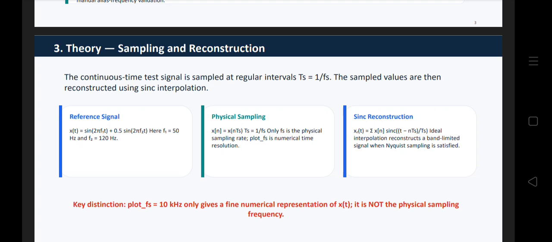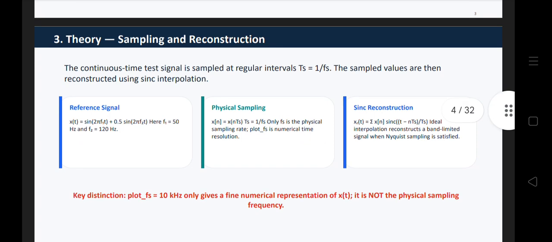The physical sampling is represented as x[n] equals x(nTs), where Ts is the sampling interval and Ts is equal to 1 by Fs. After obtaining the samples, I use sinc interpolation to reconstruct the signal.